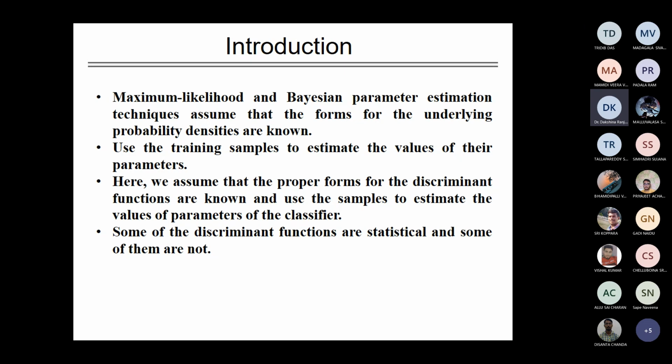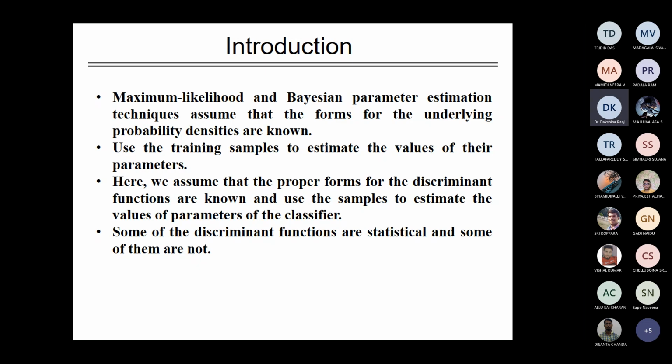Now, when we introduce the linear discriminant function, here we have to assume that the proper forms of the discriminant functions are known. Here we claim that the proper forms for the discriminant functions are known, and we use the samples to estimate the values of the parameters of the classifier.